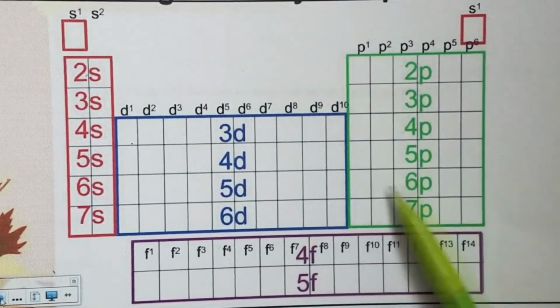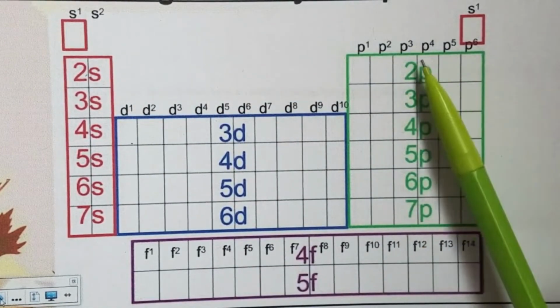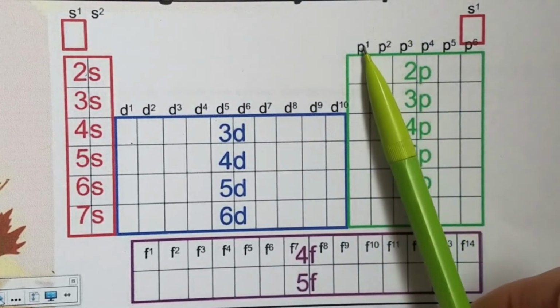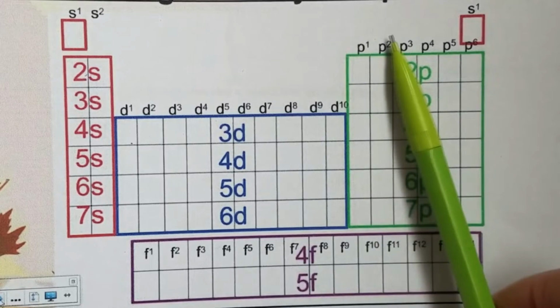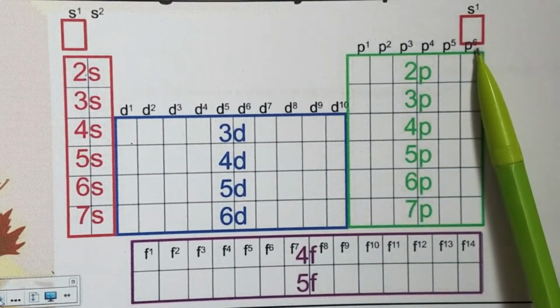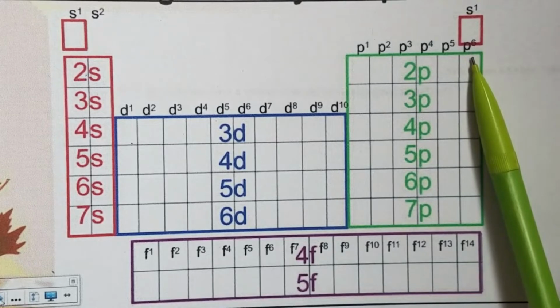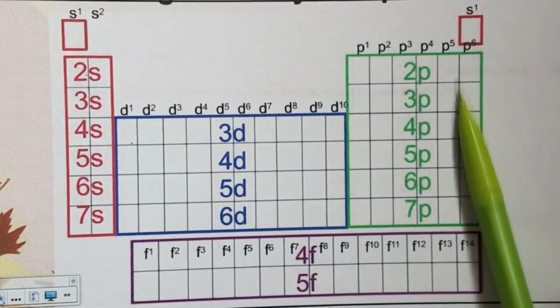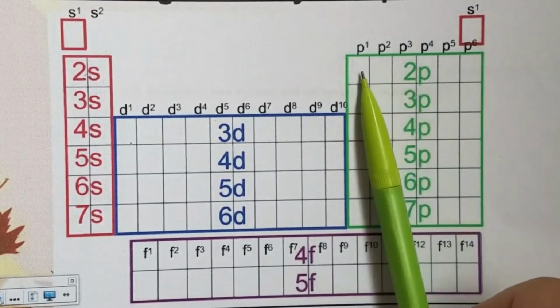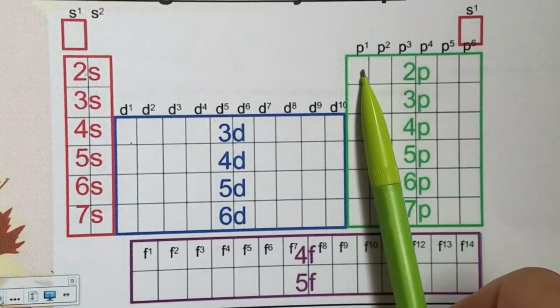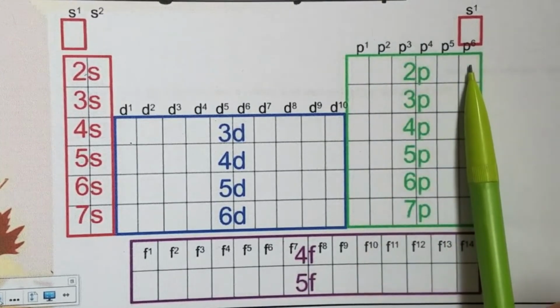Now let's look at the p blocks, the ones in green. p1 is always 3A, p2 is always 4A, and p6 should always be group 8A. Only here in the second period, for this one, for example, that will be 2p1. For this guy right here, that should be 2p6.